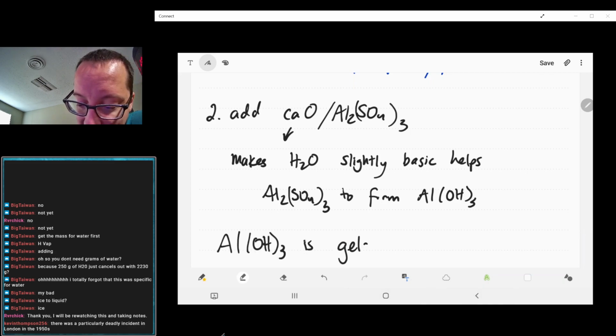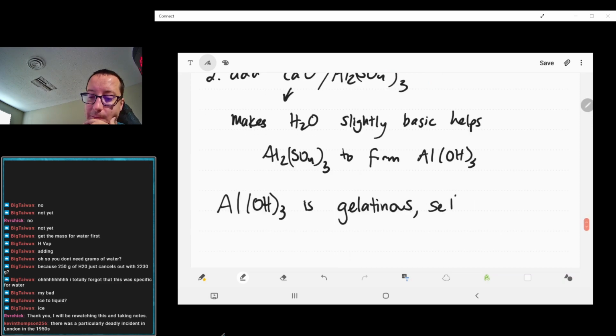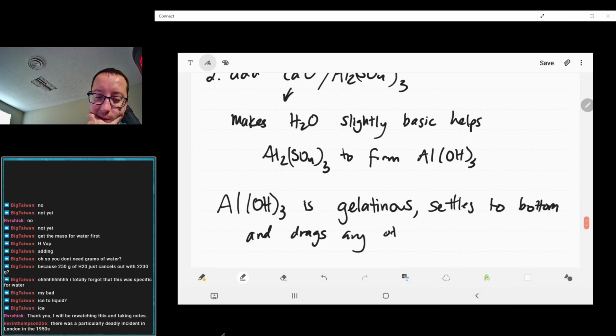It's kind of gelatinous, so it forms this jelly. And eventually, it settles to the bottom and drags any other dissolved particles.